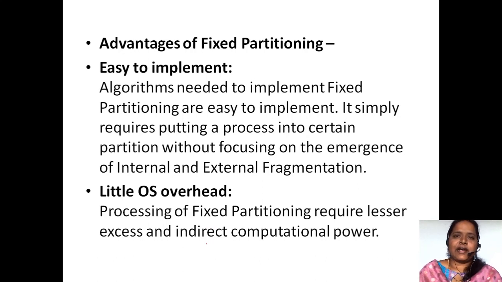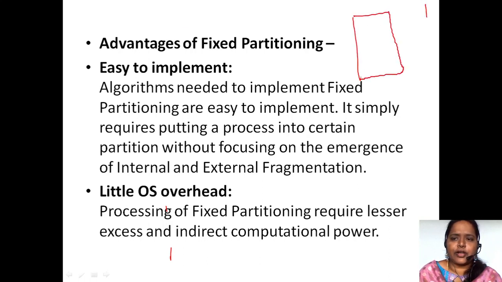So what are the advantages of fixed partitioning? If we divide the memory into fixed partitions, that means constant partitions, 1, 2, 3, 4, in the sense these are fixed. So what is the advantage of it? Easy to implement. Why?